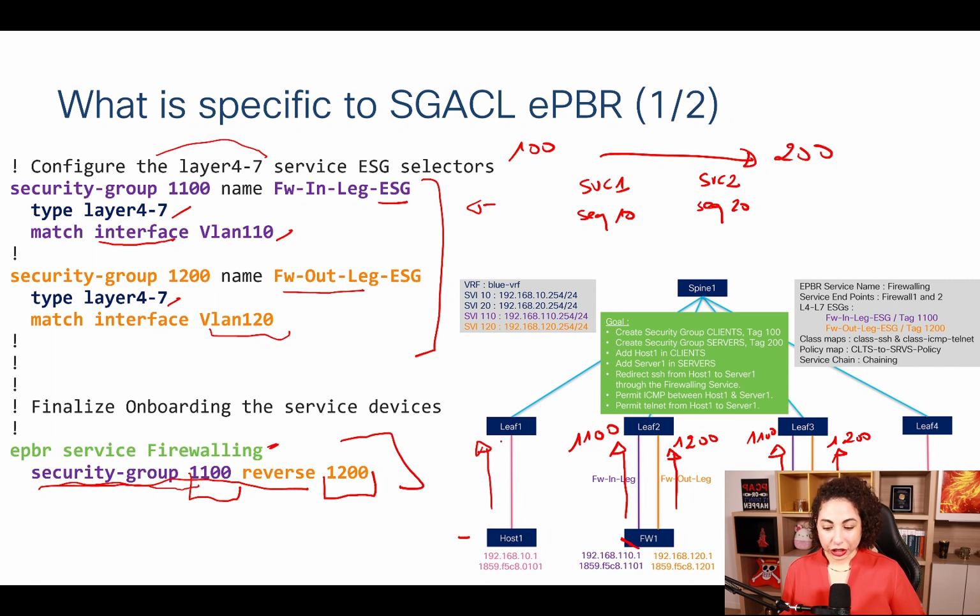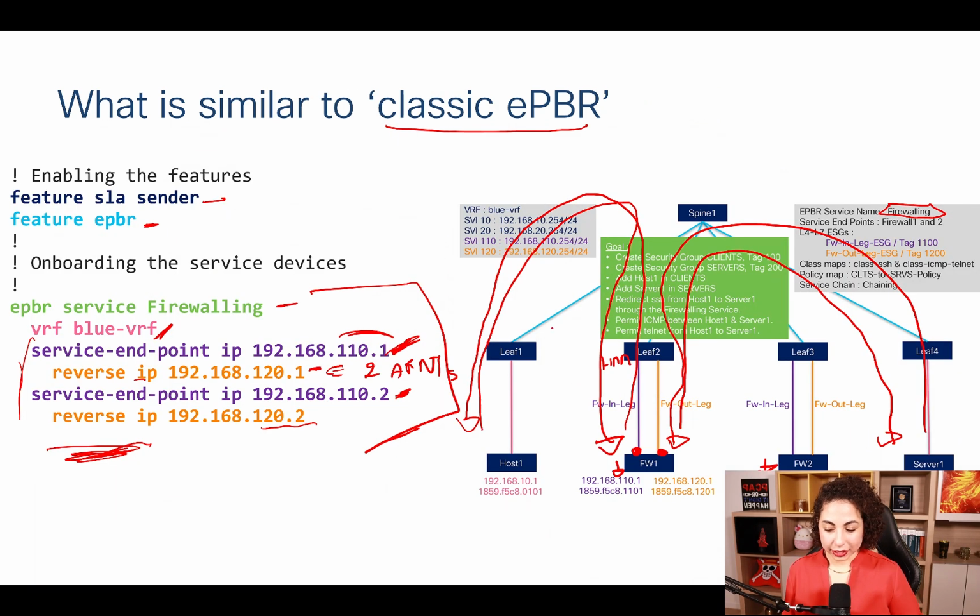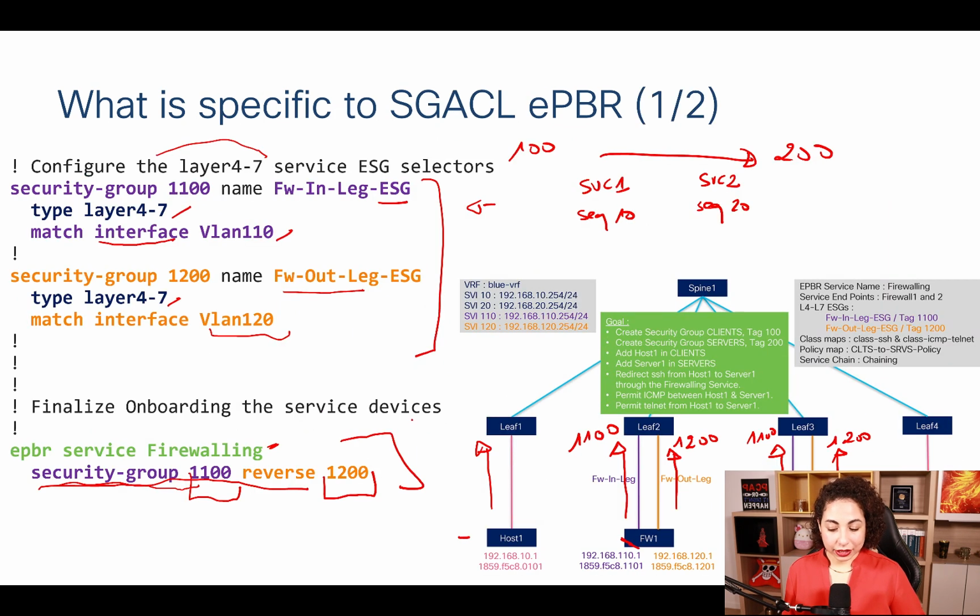It will check the destination and see that it is inside group 200. It will check the source and see that it is inside group 100. So it will apply the set next hop, which corresponds to this IP address, and send the traffic across the fabric. It will reach leaf 2. Leaf 2 will decapsulate the traffic and send it to the inside leg of the firewall.